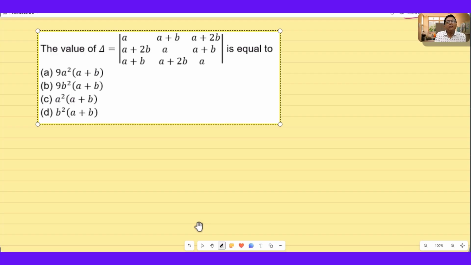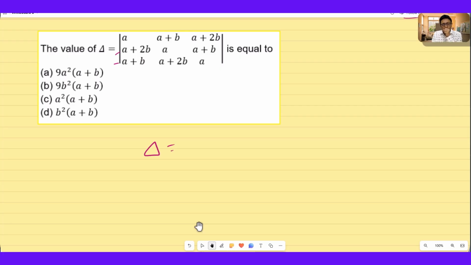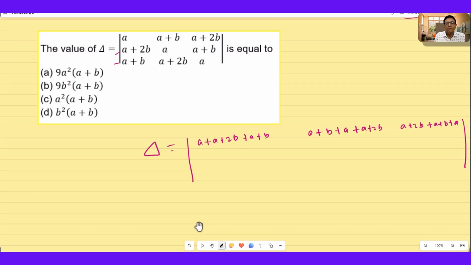If you add elements of these 2 rows, that means second and third row to the first one, the delta is going to be a plus 2b plus a plus b, a plus b, a plus 2b, a plus b, a. This one a plus 2b, a, that is a plus b.